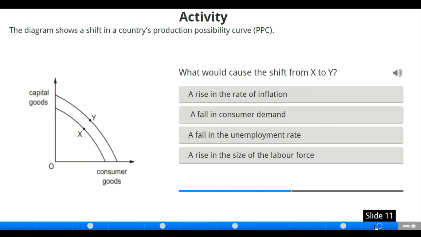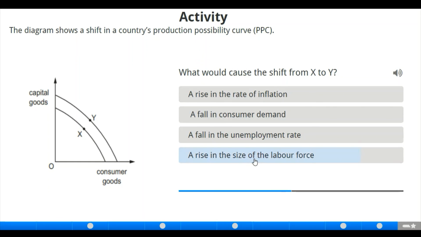Is it a rise in the rate of inflation? No. A fall in consumer demand? No. A fall in the unemployment rate? No. A rise in the size of the labor force. We have discussed this earlier.